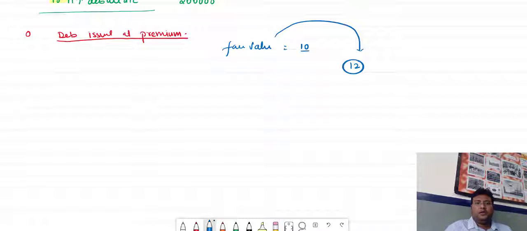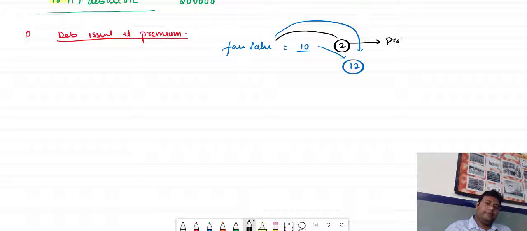Face value of the debenture is how much, bacha? 10. Issued value is 12 rupees. So 2 rupees extra more than face value. This 2 rupees is considered a premium. So what is premium? When the issued value is more than face value, that extra amount is considered a premium. Okay.